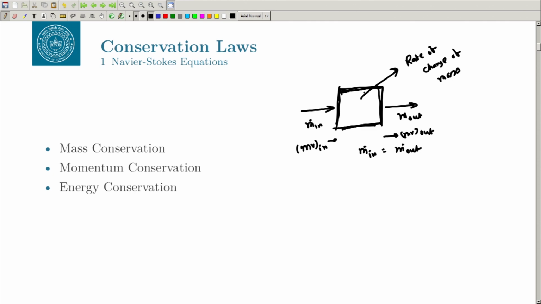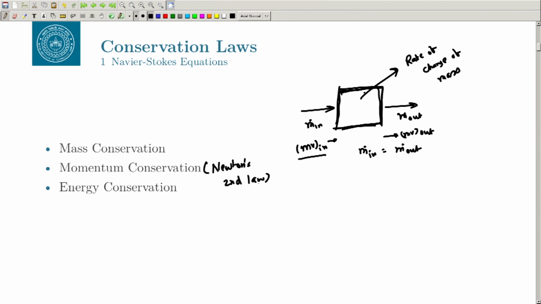So, we will have the momentum in, momentum out, and that should be balanced by the rate of change of momentum and the forces acting on the body. Basically, that is Newton's second law of motion.